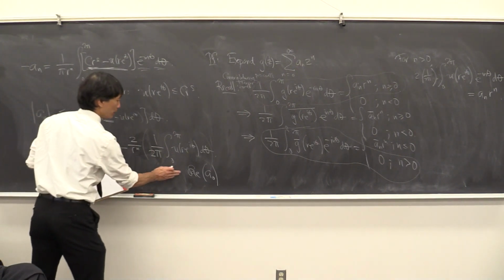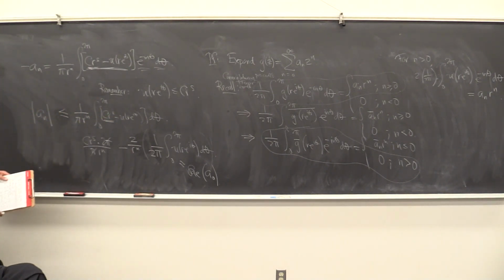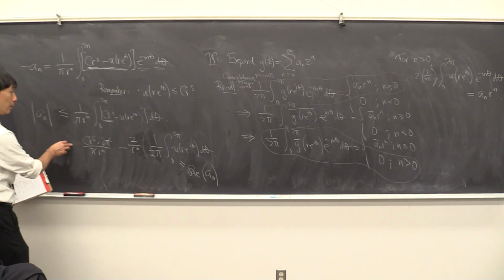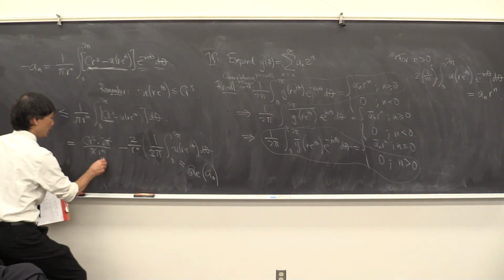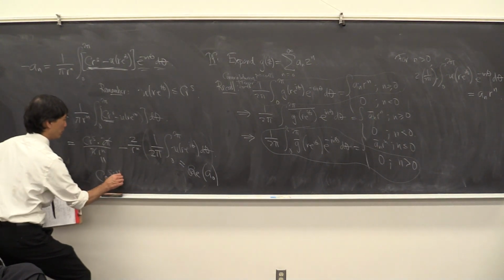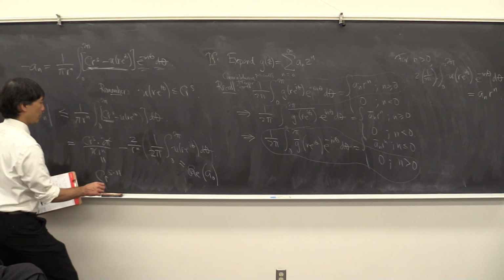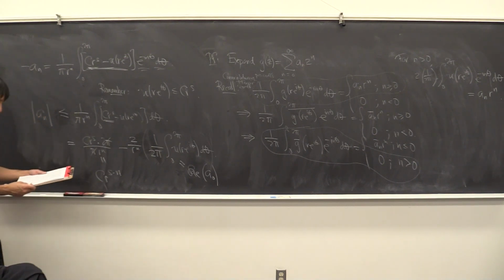That's what this thing in the parentheses is. So you end up, this equals that. So here you get this C R^(s minus n).